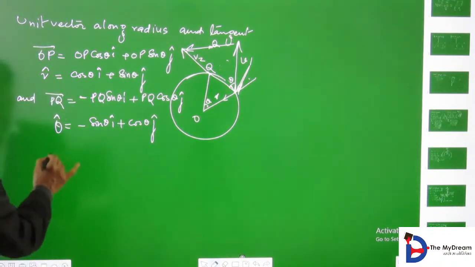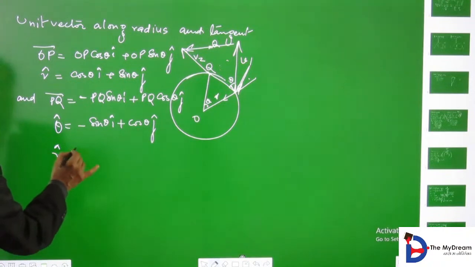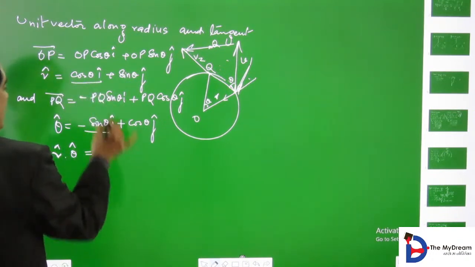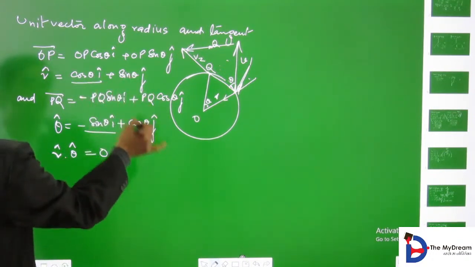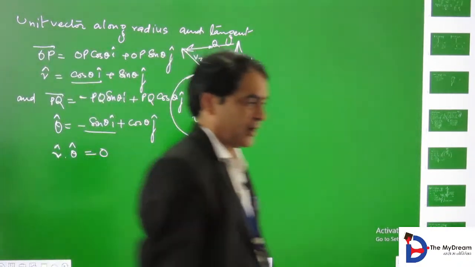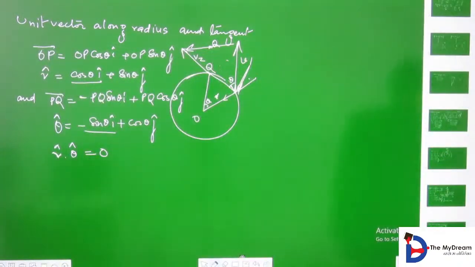And the product of these two, these are the unit vectors. This is cos theta I into I, sin theta into cos this, they will cancel, and what will come, it will be zero.